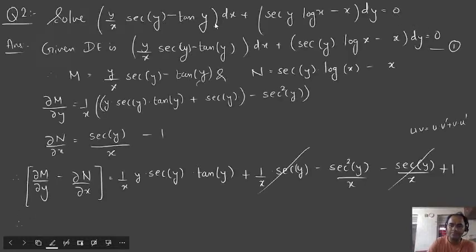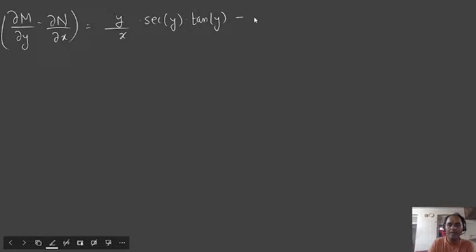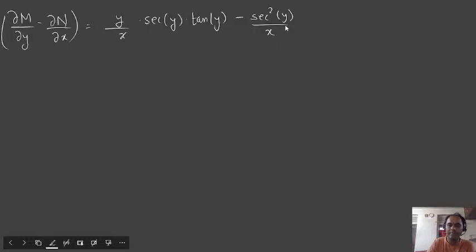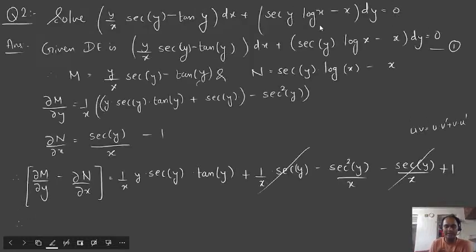It is (y/x) sec y tan y, and then minus sec² y over x, then plus 1. Okay, these are the terms that we are left with.